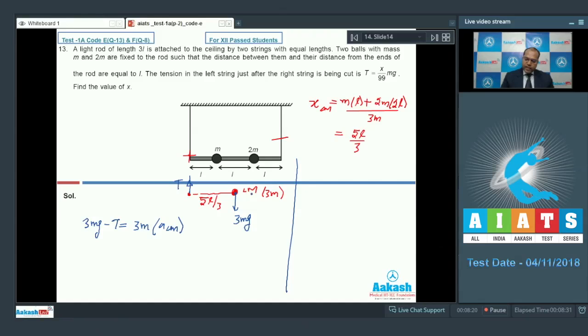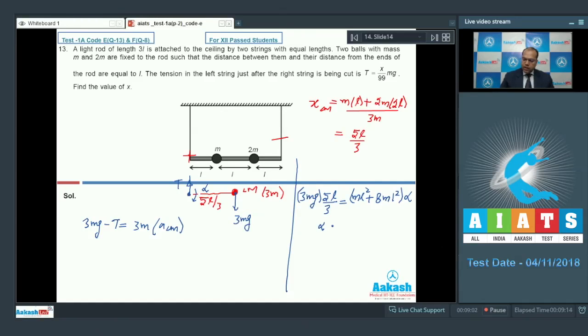In order to calculate it, first of all I write the equation of torque about this point. The torque about the origin is 3mg into 5L by 3, that is the clockwise torque, equal to I alpha. I can be written as mL square plus 2m into 2L whole square, that is 8mL square, multiplied by alpha.